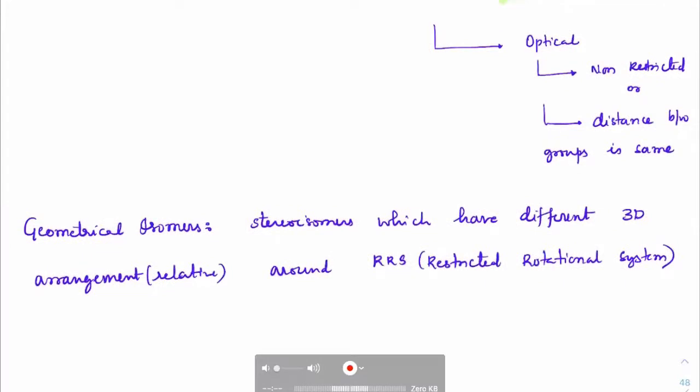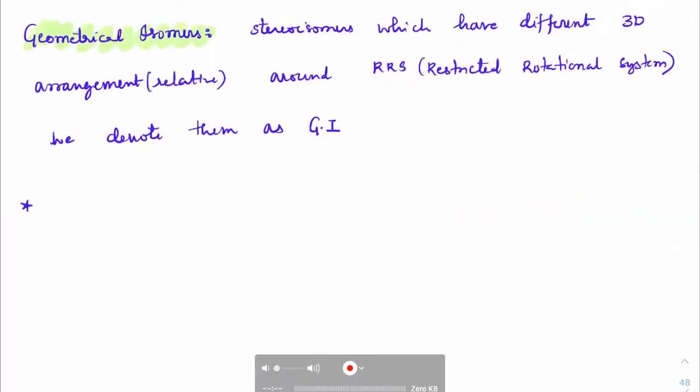And these are called geometrical isomers. We denote them as GIs, which means geometrical isomers. Another important point is that these GIs are also termed as diastereomers.